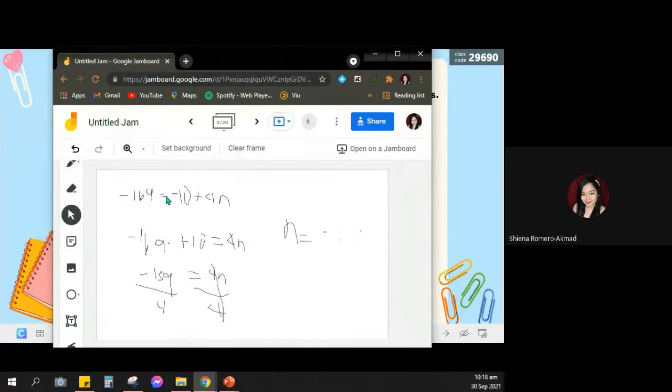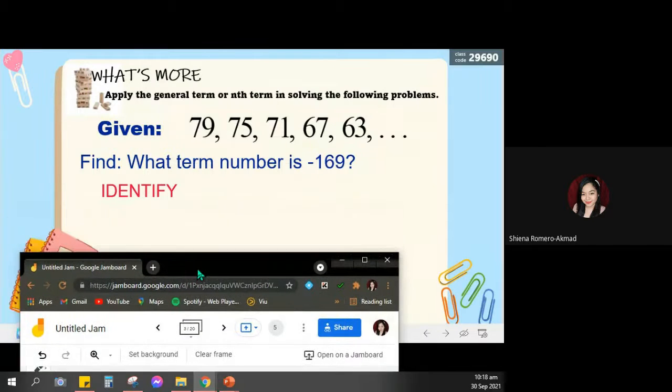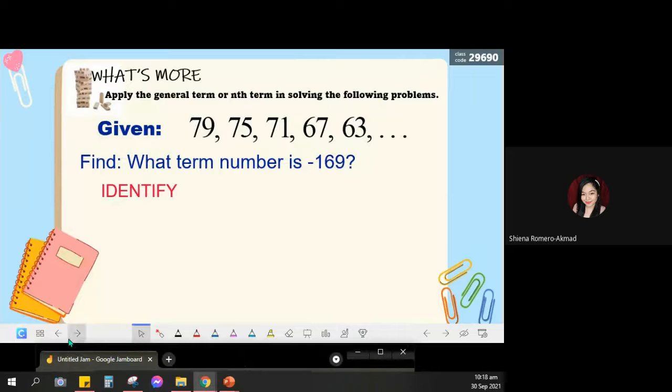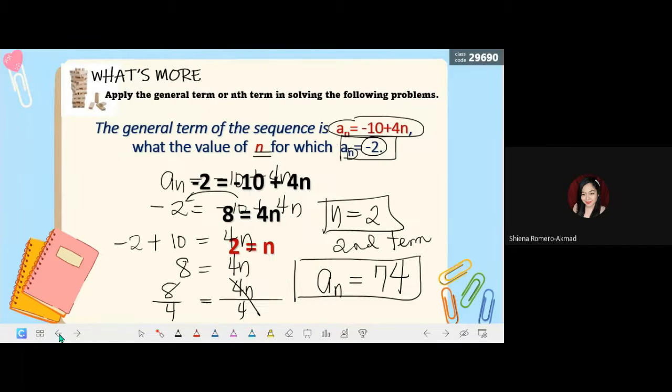Negative 169 equals negative 10 plus 4n. So, transpose, naging negative 159 divided by 4. Tama ba na ito din yung kanina? Tingnan natin ha, silipin ko lang. Ito din ba yung sequence kanina?